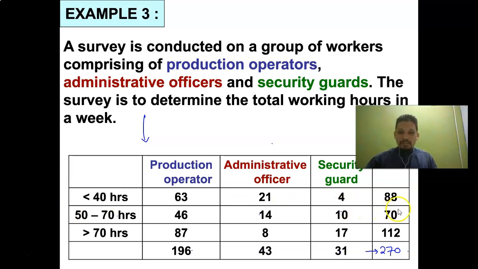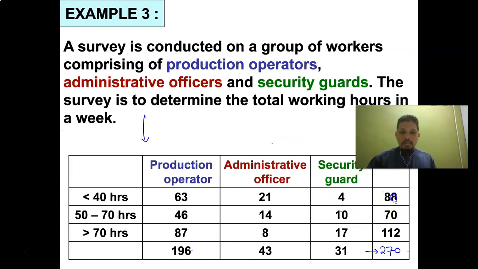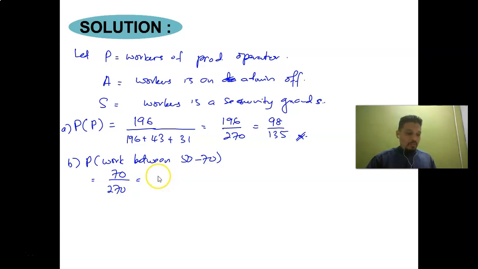Oh yeah, there's a total here, 70, sorry. So it equals 70 divided by 88 plus 70 plus 112, which is still 270. That is equal to 7/27.